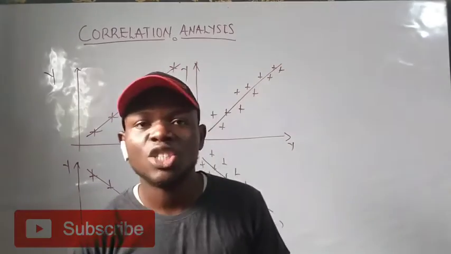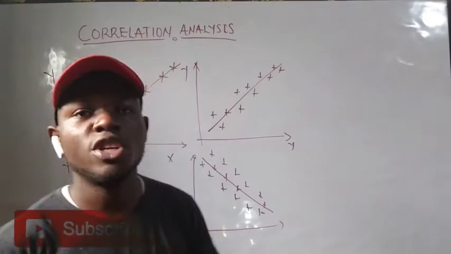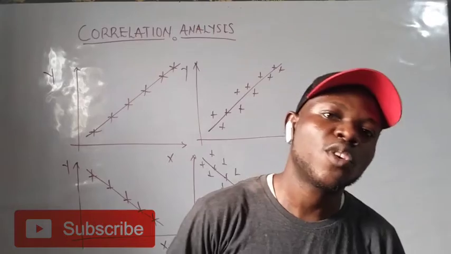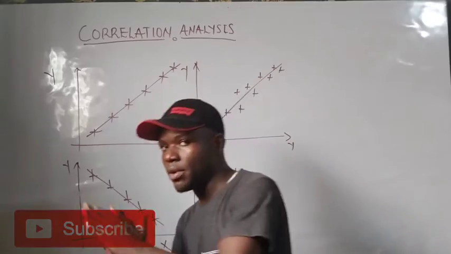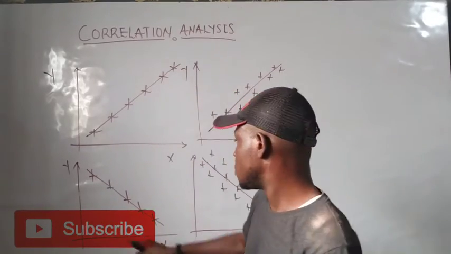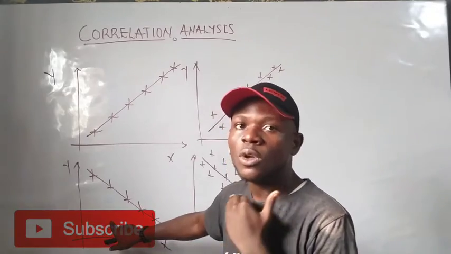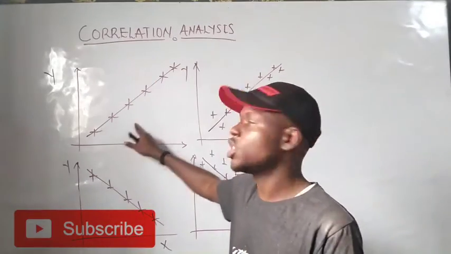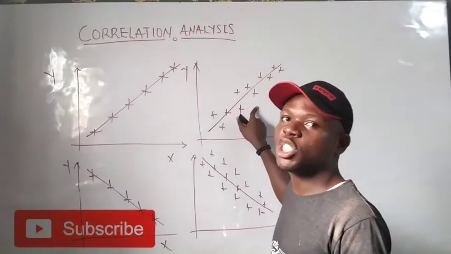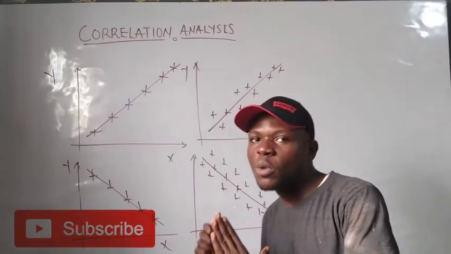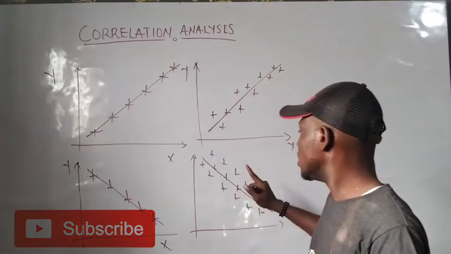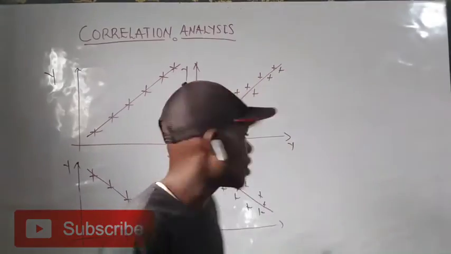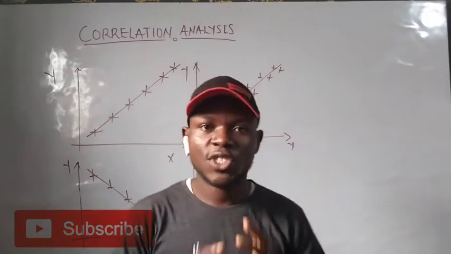Note number one is that when all of the points are falling upon a straight line in the right direction, it is a perfect positive relationship. When they fall on a straight line in the other direction, it is a perfect negative relationship. The strong positive relationship is so called because the points are clumped towards the line, and this is called the strong negative relationship because the points are also clumped towards the line in this sense.